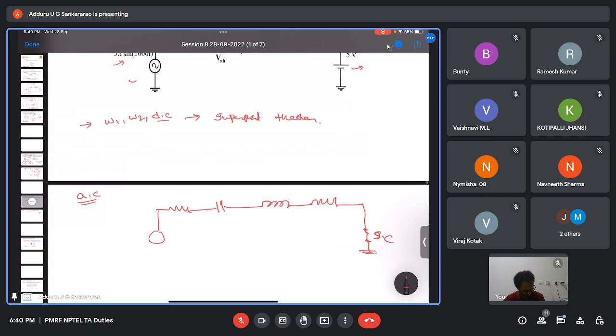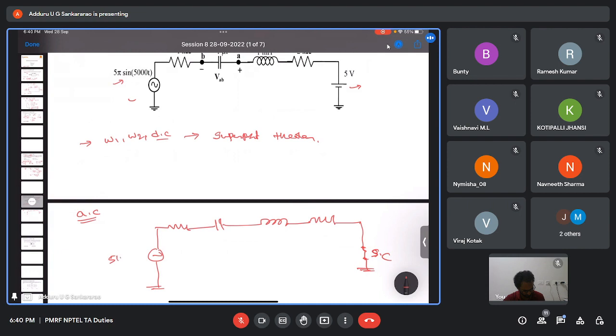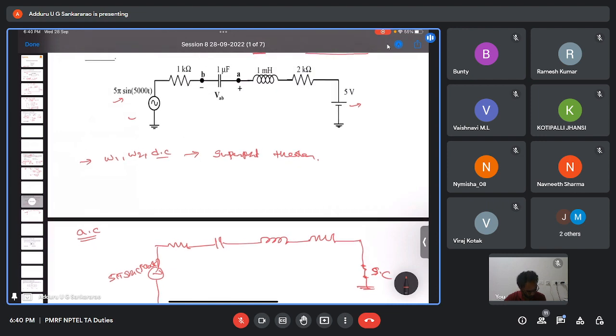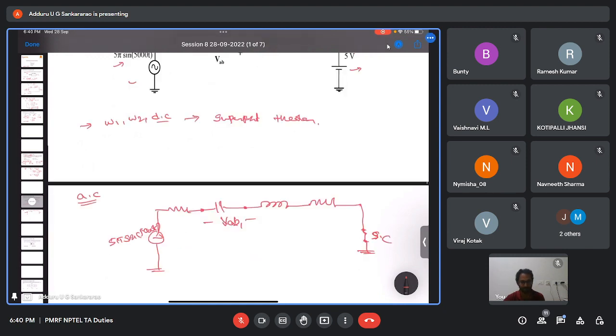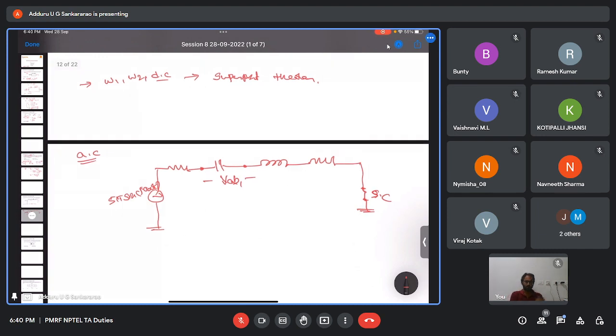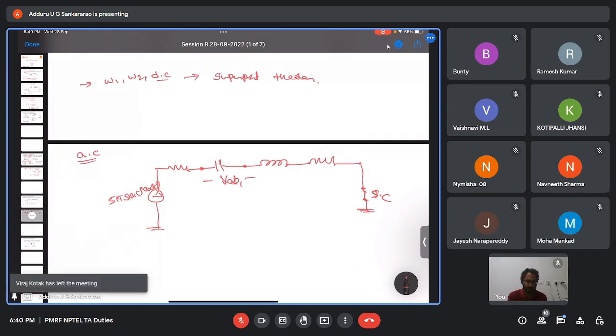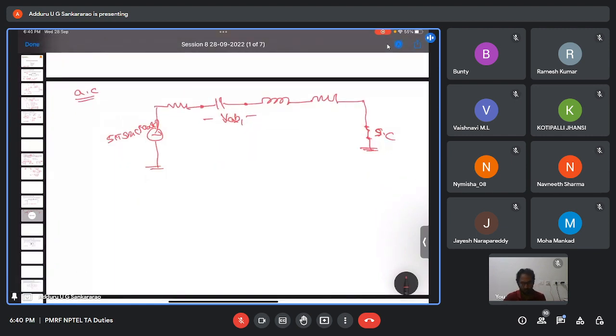Fine. The source is 5 pi sine 5000 t. Now what do we want? We want the voltage across the capacitor, that is VAB1 we will say. Now if you see this, I hope in the previous classes I discussed something that we can apply here.